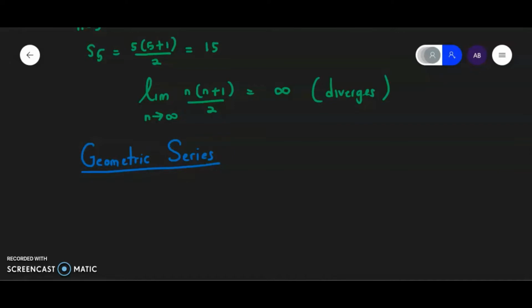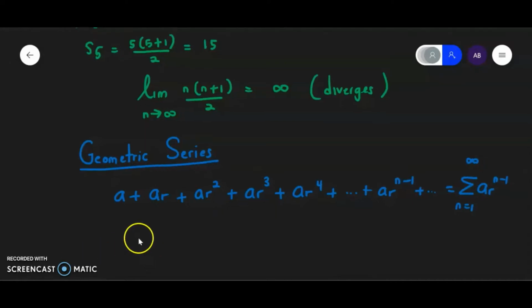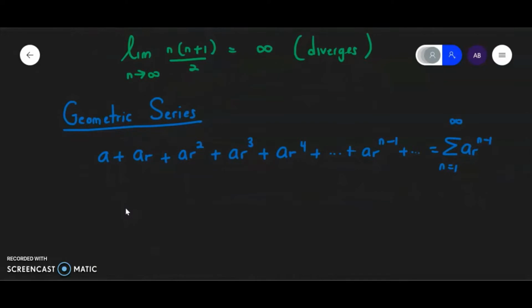One of the important examples of infinite series is the geometric series, which is given as: a plus ar plus ar squared plus ar cubed plus ar to the 4 plus dot dot dot ar to the n minus 1 plus dot dot dot. This equals the summation from n equals 1 to infinity of ar to the n minus 1, provided a cannot be equal to 0.